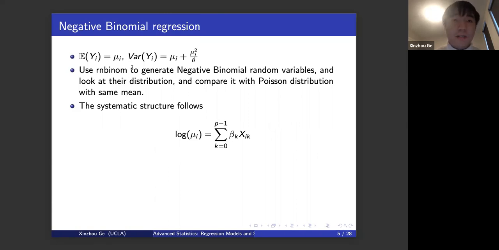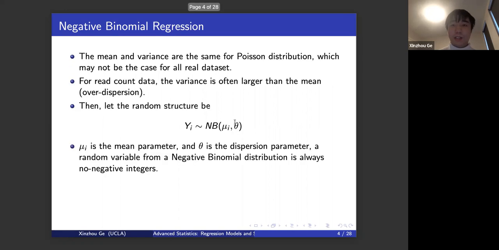A property of negative binomial distribution is that if a random variable comes from a negative binomial distribution with mean parameter equal to mu i, then the expected value is mu i, and the variance of yi will be mu i plus mu i squared over theta. So here theta is the dispersion parameter.